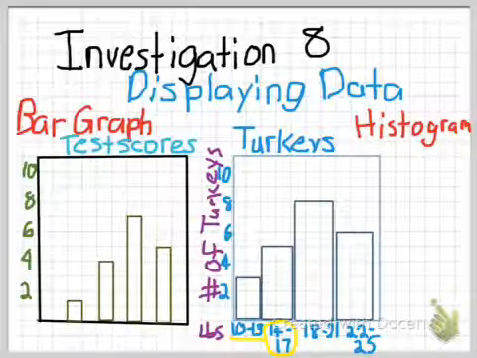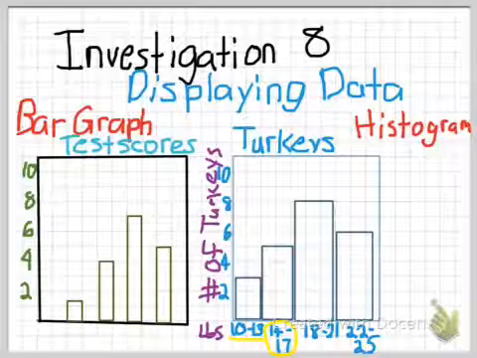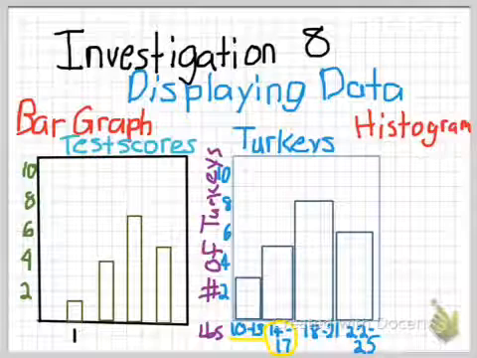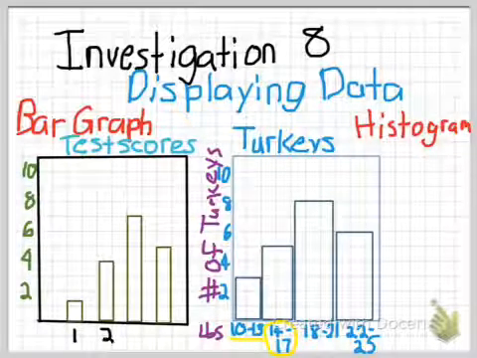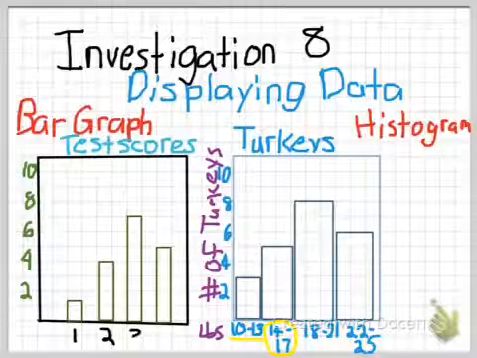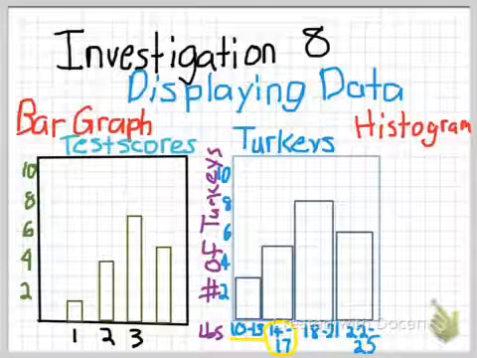One person got 1 correct, 4 people got 2 correct, 7 people got 3 correct, and there were 5 people that got 4 correct.